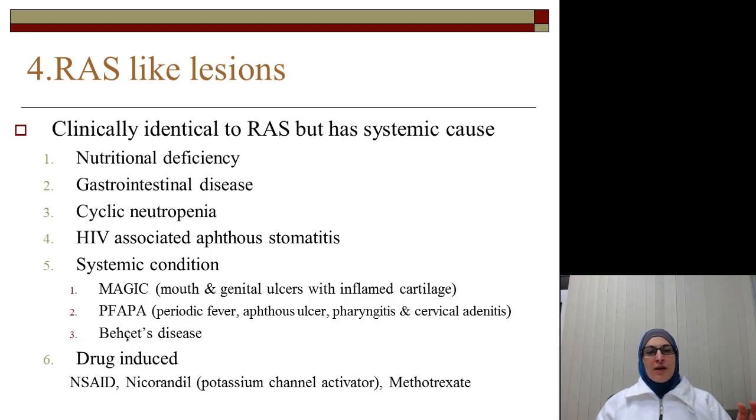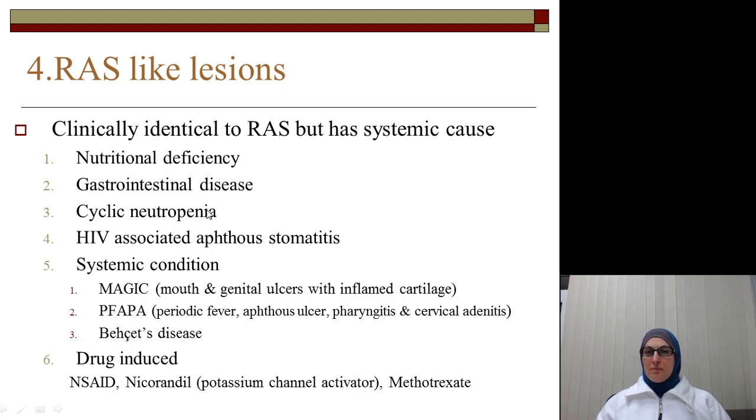So the underlying cause was nutritional deficiency, and they did not have idiopathic RAS induced by exaggerated immune responses. It could also be related to GI disease like Crohn's disease or celiac disease. So once these conditions are corrected or treated, the ulcers would disappear.